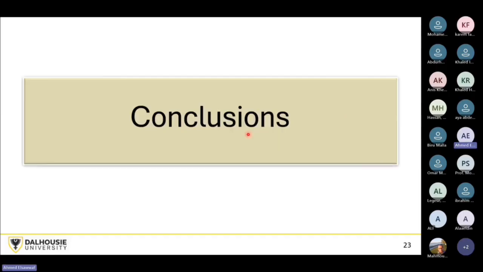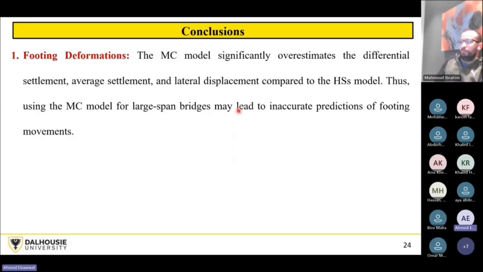Okay, so that's all we have today in this presentation. To conclude, talking about the footing deformations, the Mohr-Coulomb model can be a disaster. It overestimates the deformations in all directions: vertical, lateral, and even differential settlement.